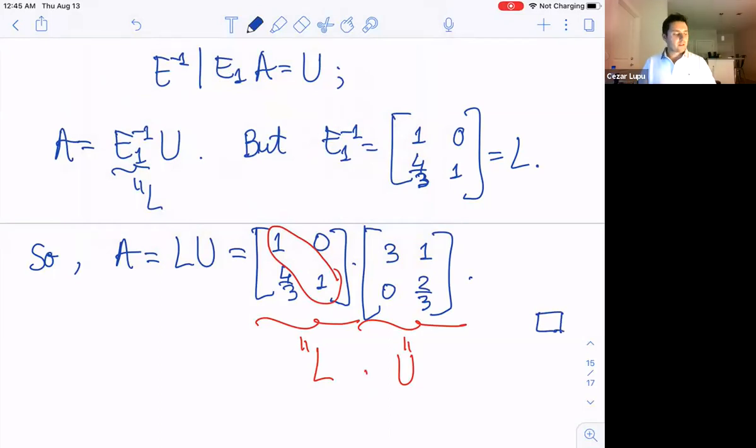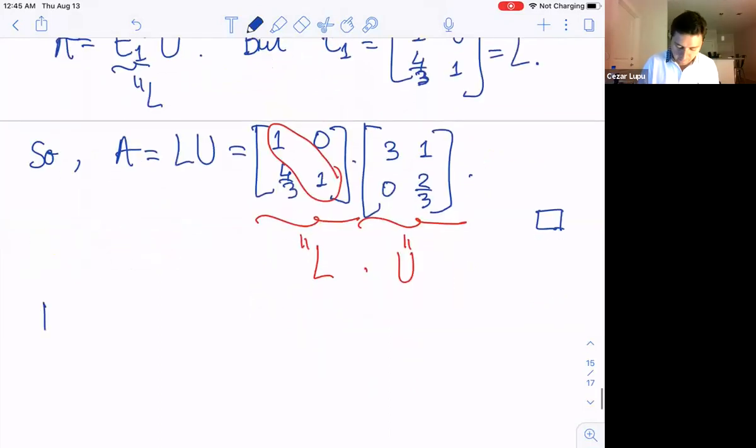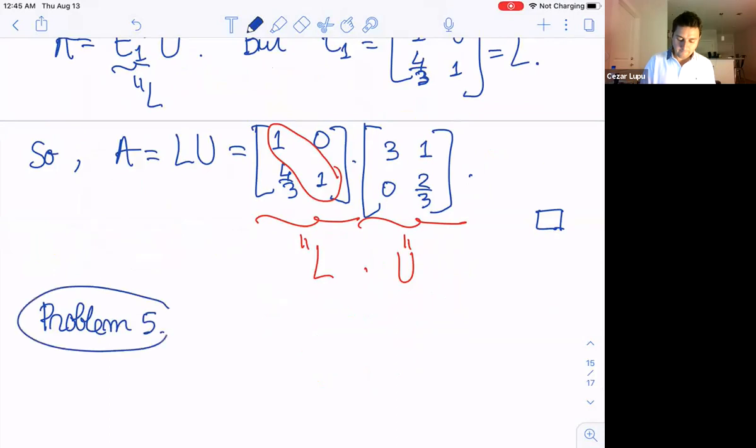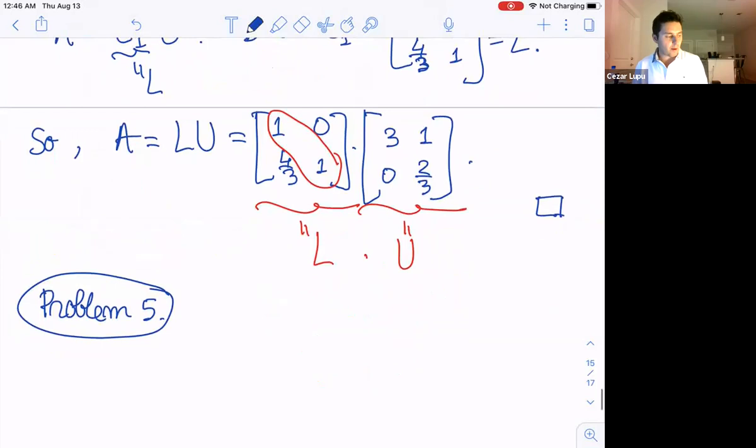Okay, now we're moving to the last problem, problem number 5. And keep in mind that we had to prove a bunch of things. So problem number 5 said the following.